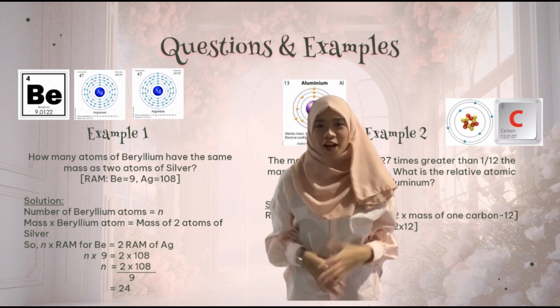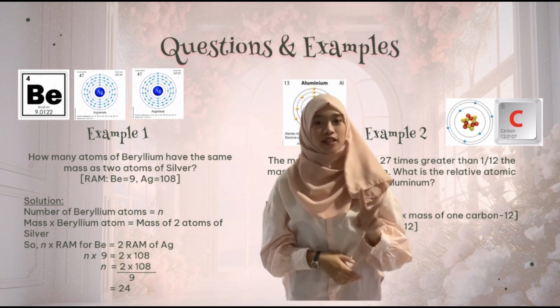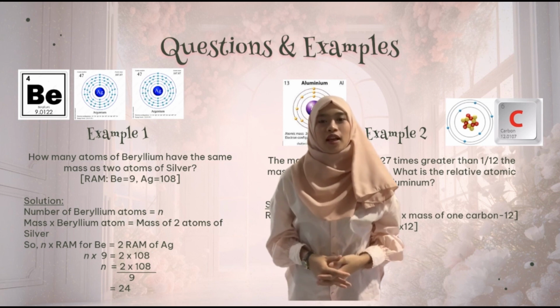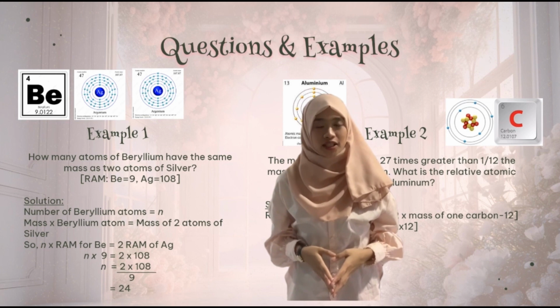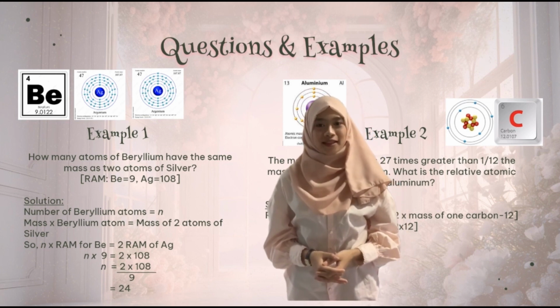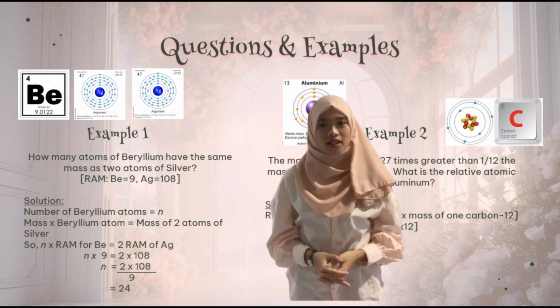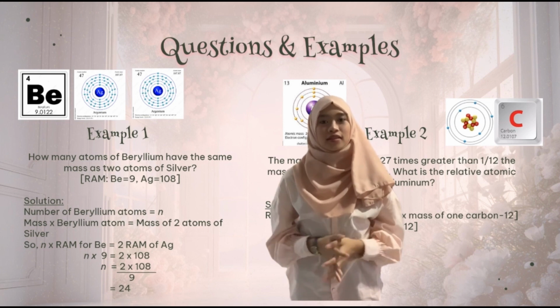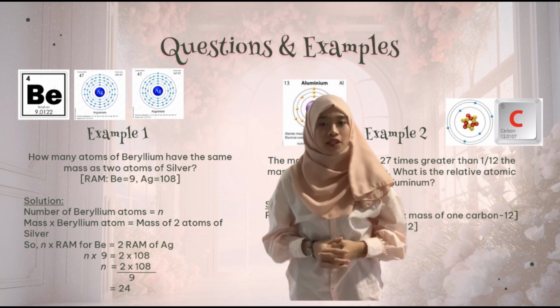Example 1. How many atoms of beryllium have the same mass as 2 atoms of silver? The RAM is given, which is Be is 9 and Ag is 108. The solution is by listing the information given from the question. The number of beryllium atoms is unknown, so we can put N. After that, the mass of N beryllium atoms is equal to the mass of 2 atoms of silver.